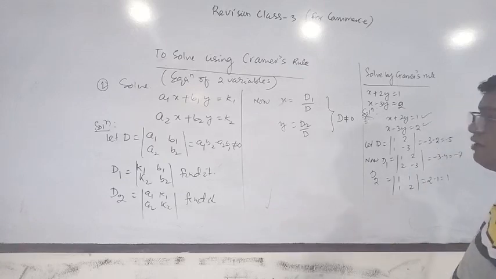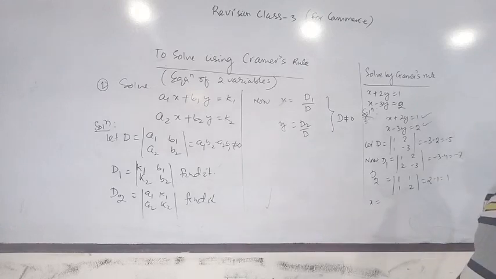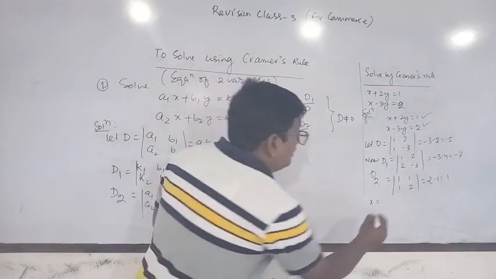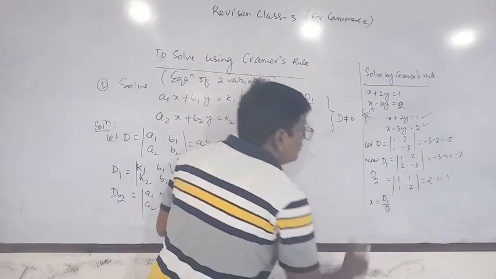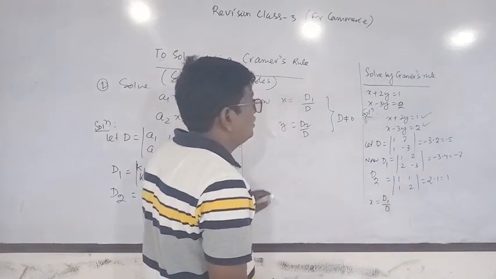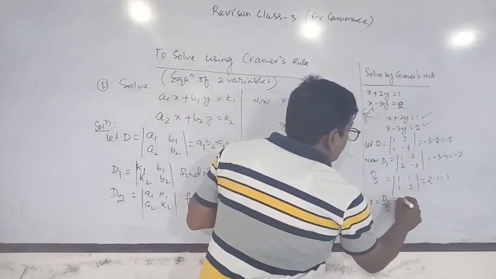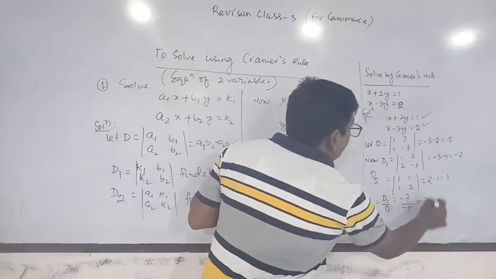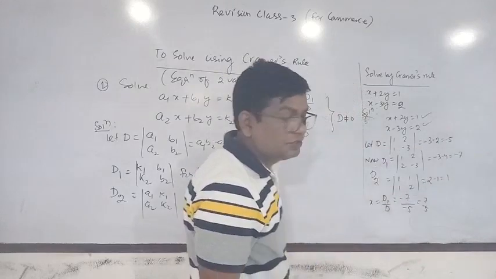Now x is equal to D1 by D. D1 is minus 7 and D is minus 5, so minus 7 by minus 5, and the answer is 7 by 5.